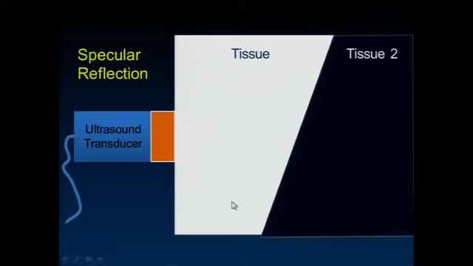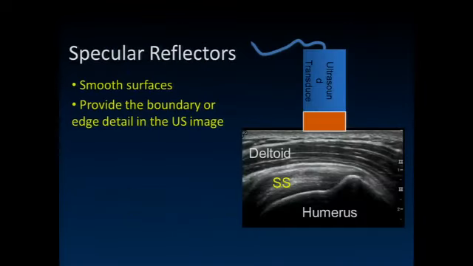So when we want to see these specular reflective surfaces well, we've got to get the transducer nice and perpendicular to them. And I'm a bone and joint imager, right? So this is especially problematic for me. If I want to see these interfaces in the deltoid musculature, or certainly in the supraspinatus tendon, I really want to make sure my transducer is perpendicular to the surface of those.